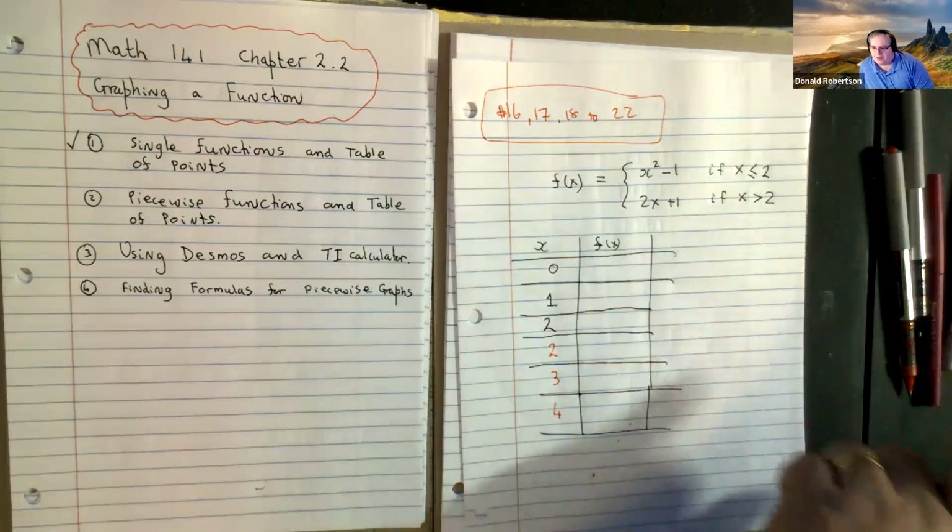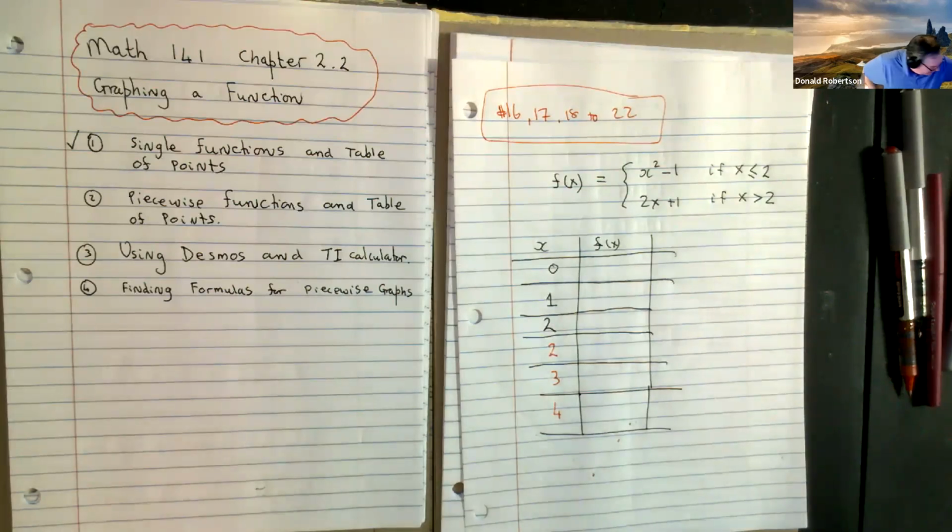The problem with that is that yes, it's bigger than 2, but it could be 2.00001 and we'd still use it.